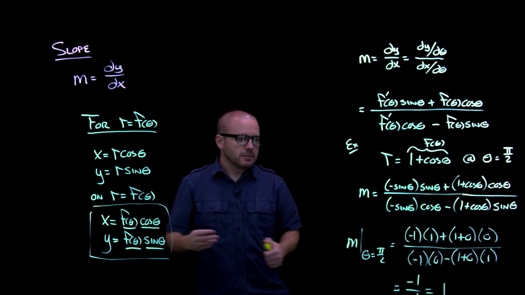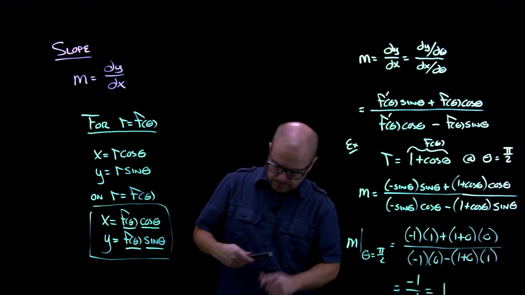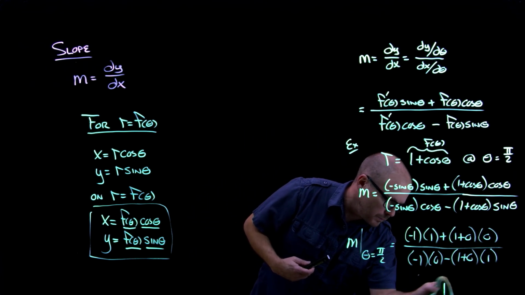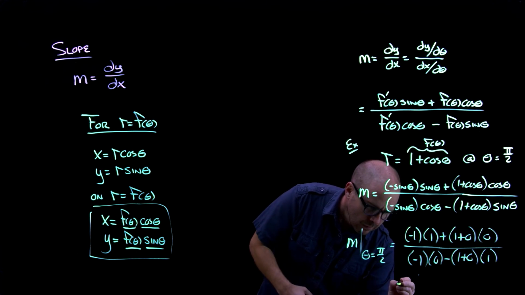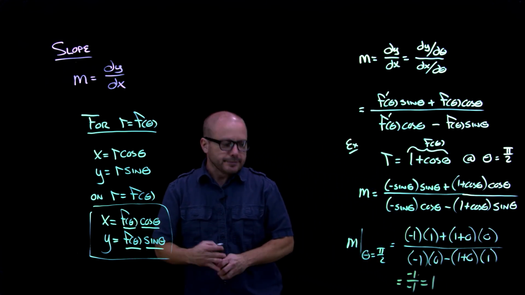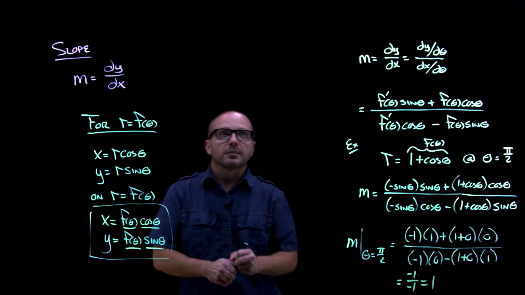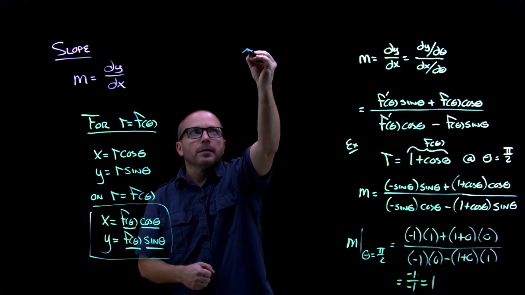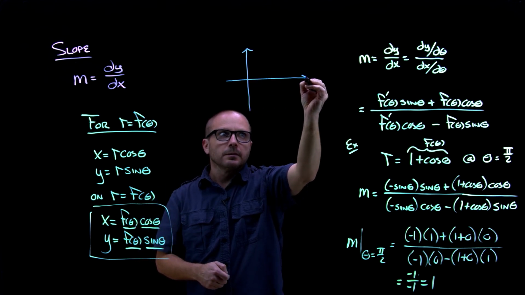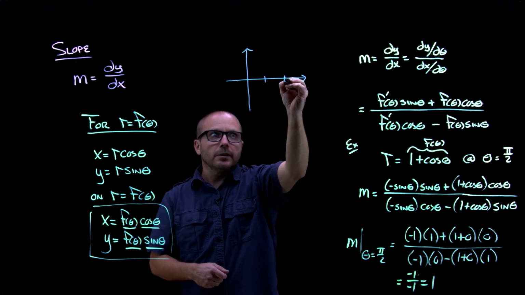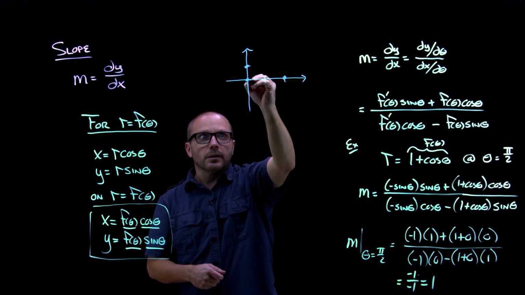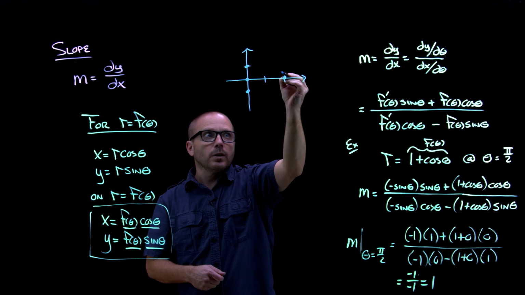Now, does that make sense, that it came out to be 1? Well, let's think about our graph. We sketched this one. Remember, this was our cardioid. It started here at 2, spiraled here to 1, into the origin, and back out to 1.